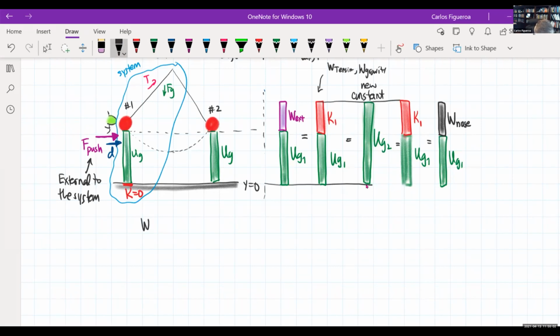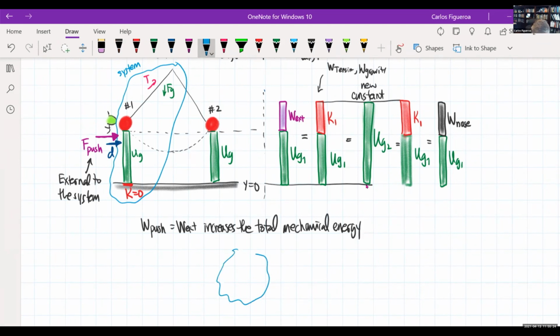the work done by the push, which is external to the system, increases the total mechanical energy. So when I look at my system here, what I'm seeing here is that work done by the push increased the total energy of the system.